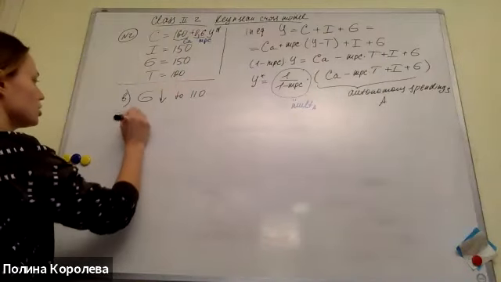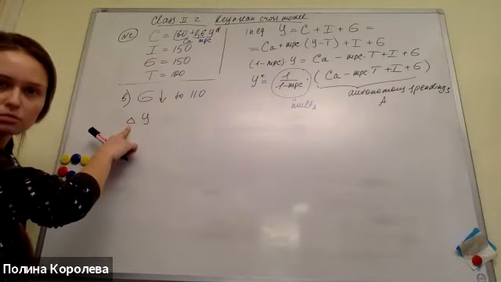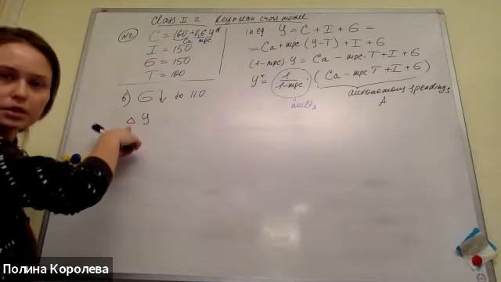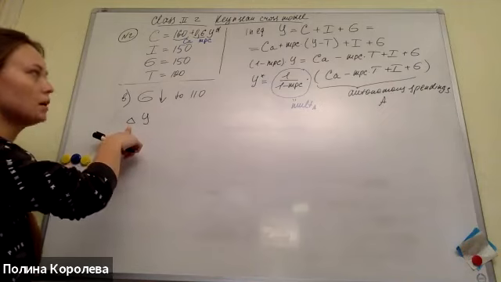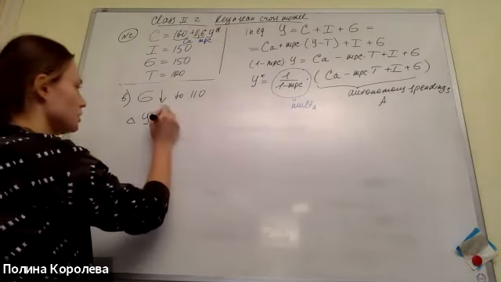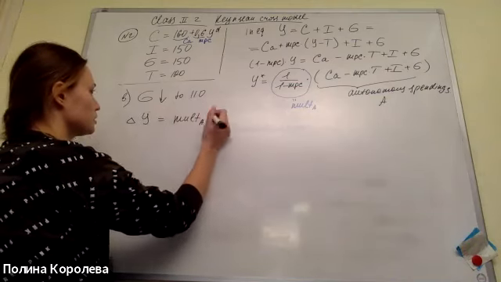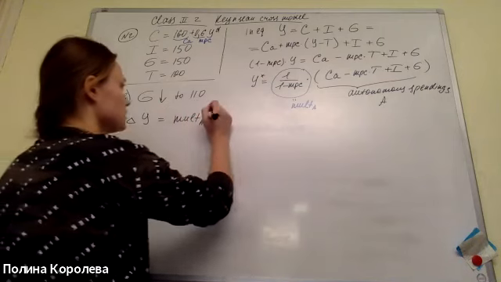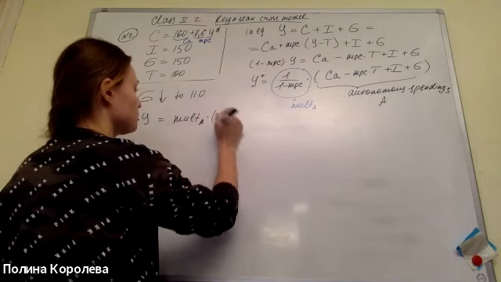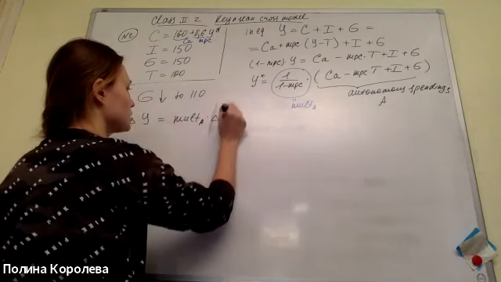So the change in GDP here, delta is change, greater than 0 if it will increase, less than 0 if it will decrease. The change in GDP consists of our multiplier of autonomous spendings multiplied by the change in autonomous spendings.